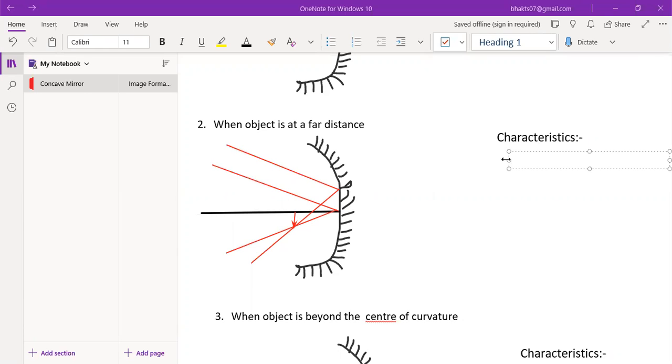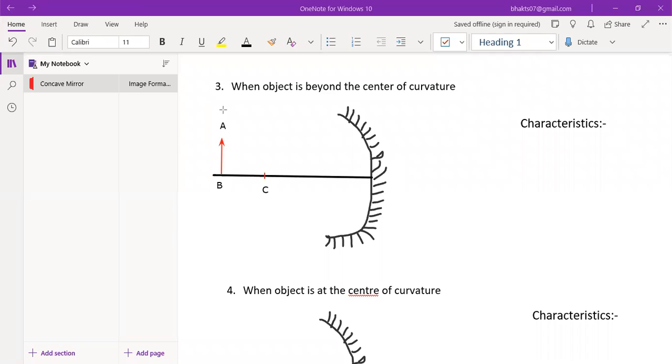Let us write the characteristics of the image formed. Its characteristics are, it is real, inverted, and also highly diminished. So when object is at a far distance, image is in the focal plane of the mirror.